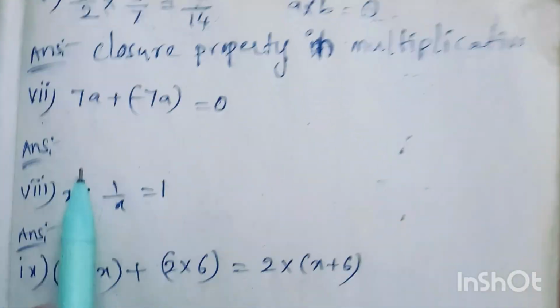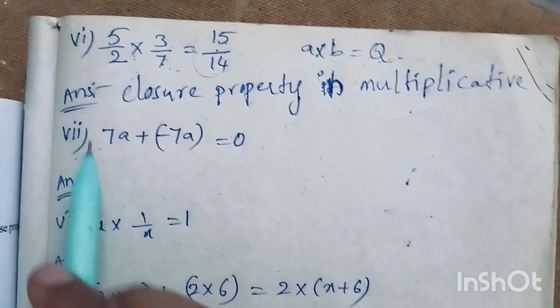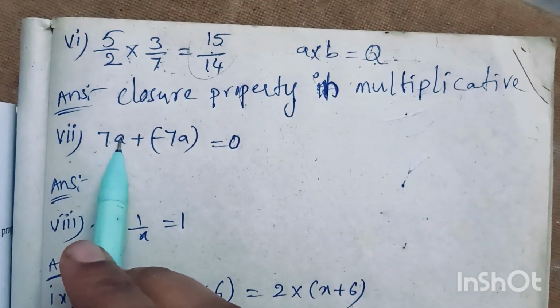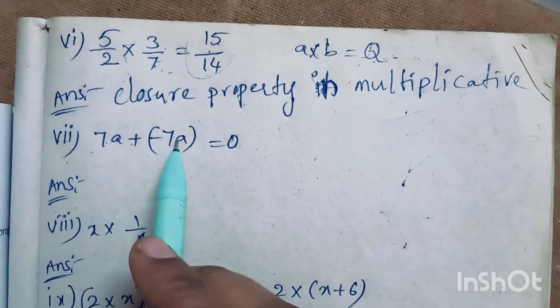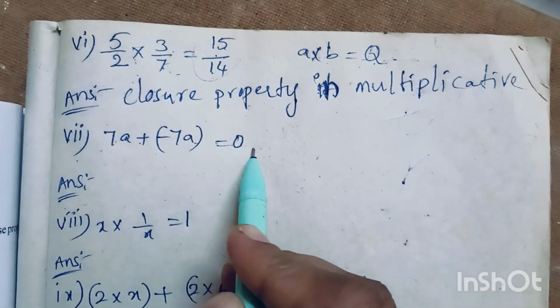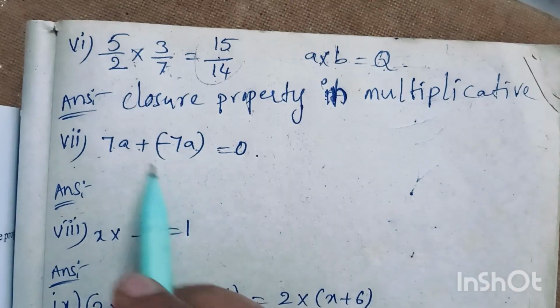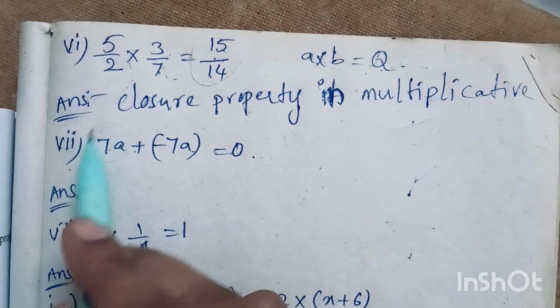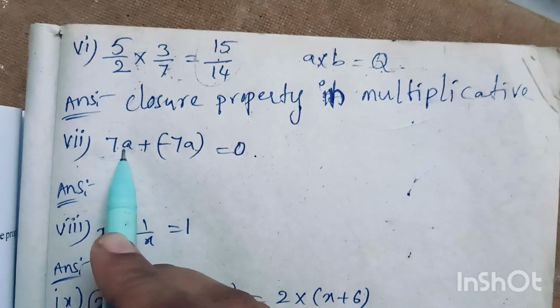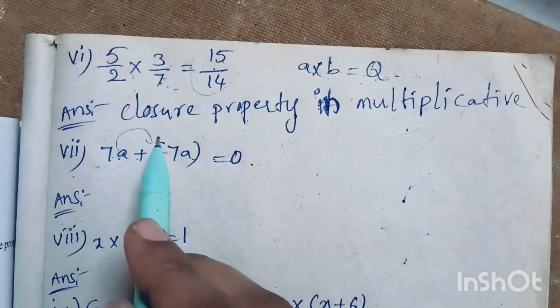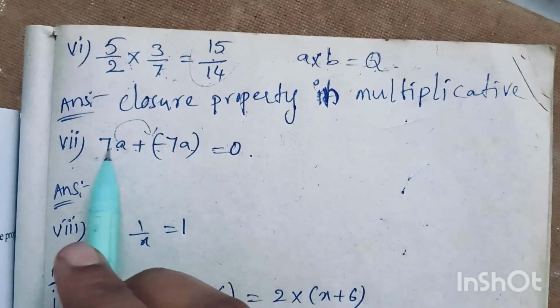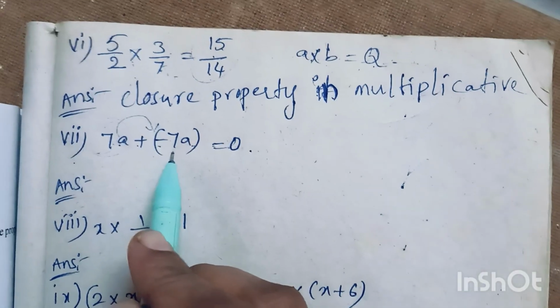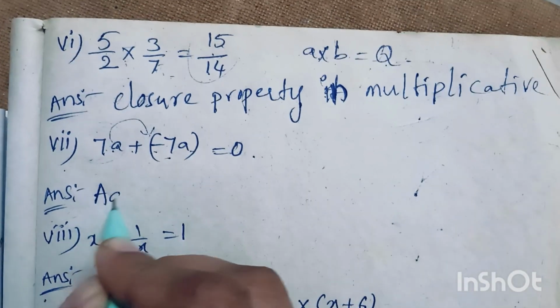Okay, now the seventh sum: 7a plus minus 7a equals 0. If we add one positive and one negative value, we get 0. Here 7a is a positive number, and the additive inverse of 7a is minus 7a. So what is that property?